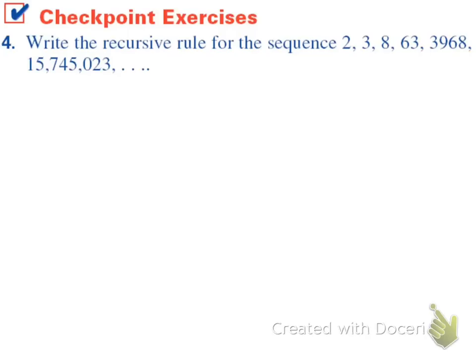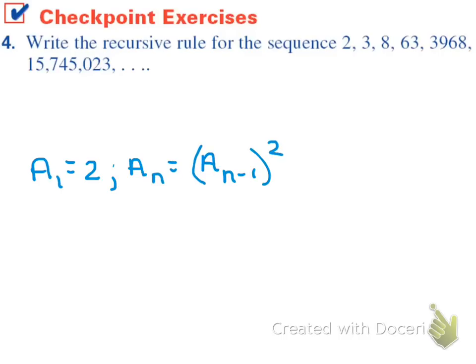Alright. To write the recursive rule for this sequence, you should have said that you were given the first term, and then every term after the first term was found by taking the previous term, squaring it, and then subtracting 1.